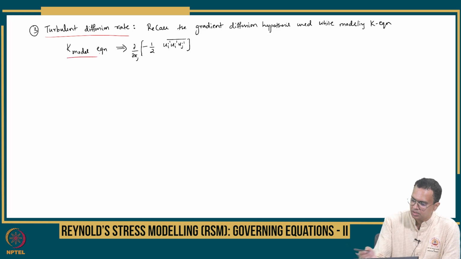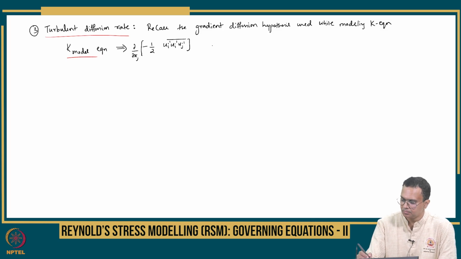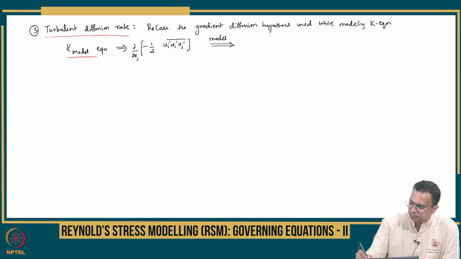So dou by dou xj of this particular term was modeled as dou by dou xj of nu t by sigma k dou k by dou xj.